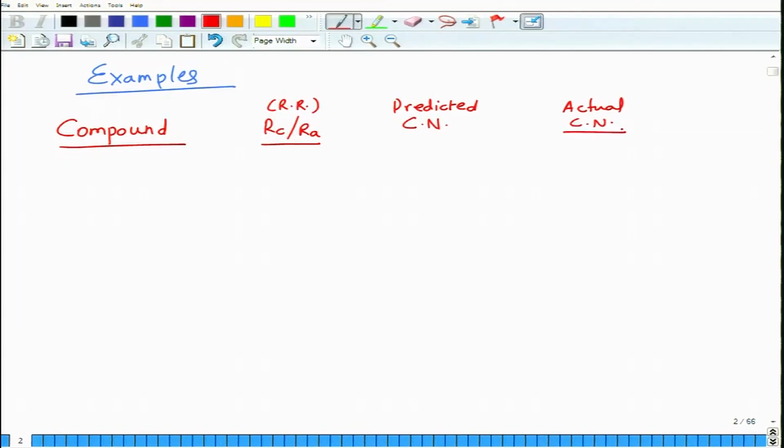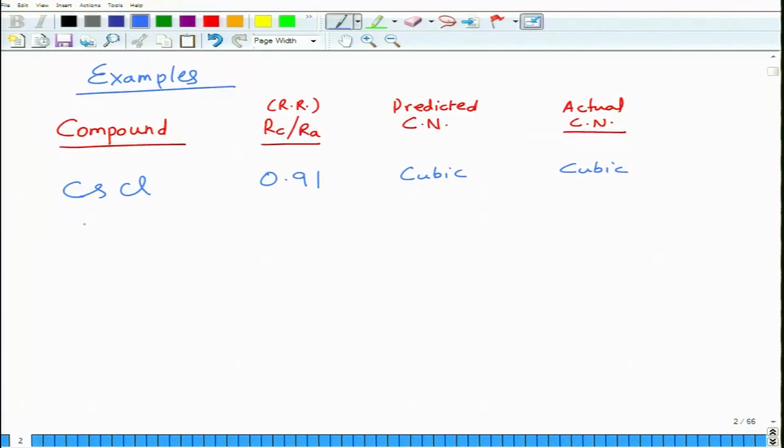Okay. So, let us see how we go there. If we look at, for example, cesium chloride, the predicted radius ratio is 0.91. 0.91 is on the higher side. As a result, the predicted coordination is cubic, and actual is also cubic.